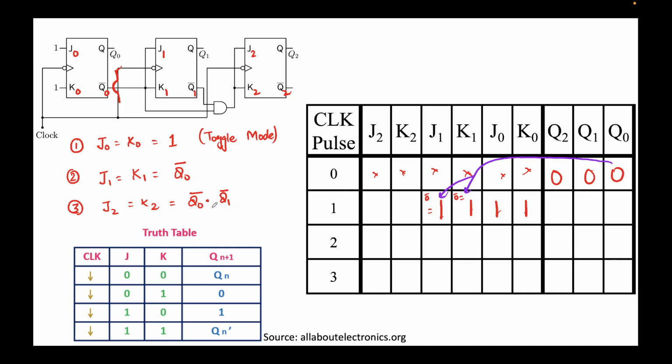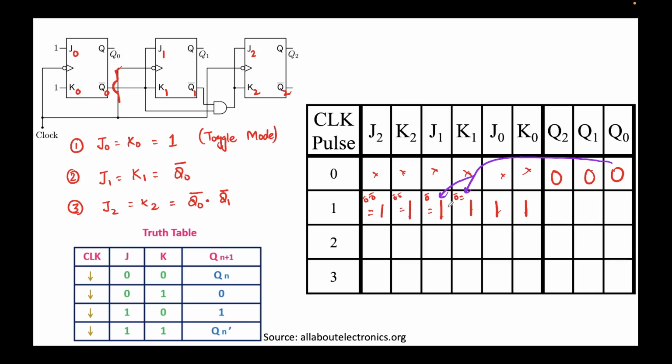Q0 bar times Q1 bar, hence this expression. So I'll write Q0 bar and Q1 bar. This means 0 bar times 0 bar, this will come out to be 1. This is the same as that, so 0 bar dot 0 bar, this will also turn out to be 1.